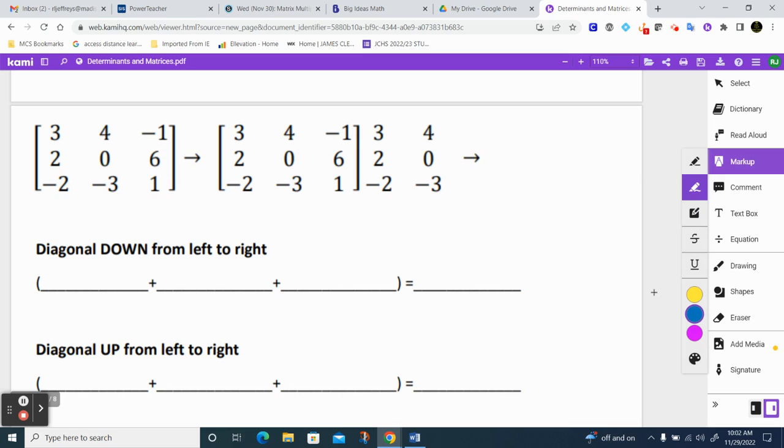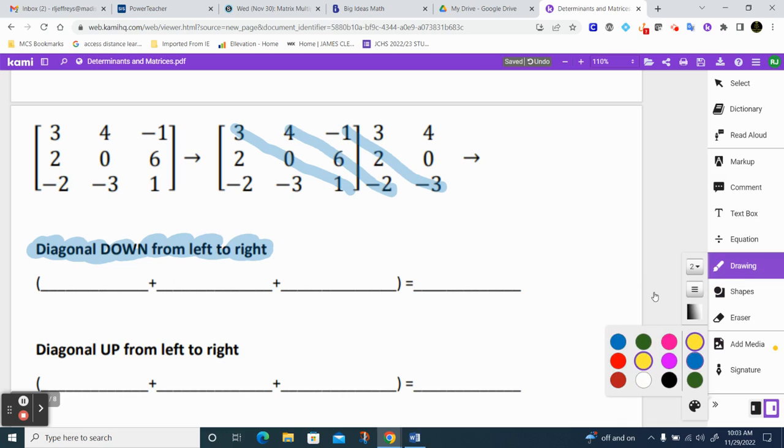Now, the diagonal, this would be our blue, our diagonal from left to right. So this would be these numbers here. So I'm actually going to end up saying 3 times 0 times 1, 4 times 6 times -2, -1 times 2 times -3.